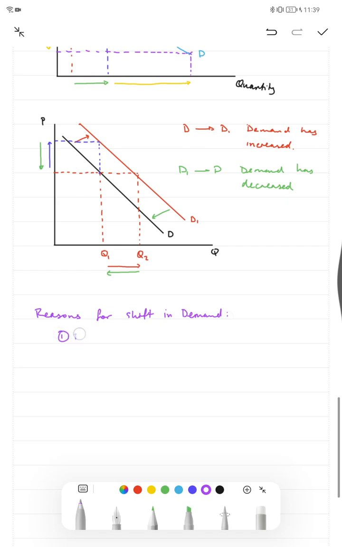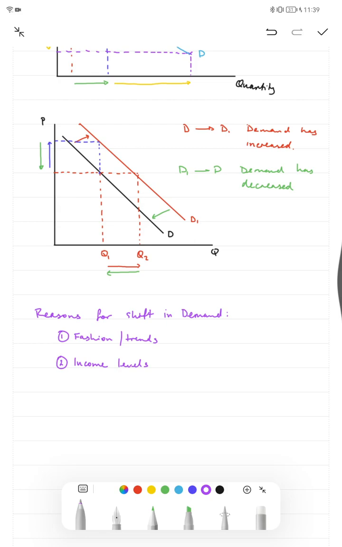The first one could be fashion or trends. So if something is in fashion, people are willing to pay more for it. Or if something becomes very trendy, people want to buy more of it or pay a higher price for it. The second one can be income levels. So as your income increases, you tend to see an increase in demand as well.